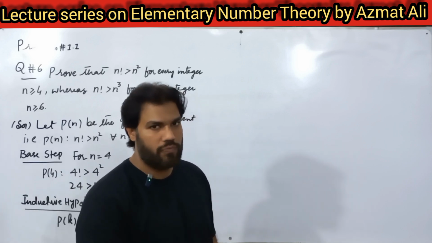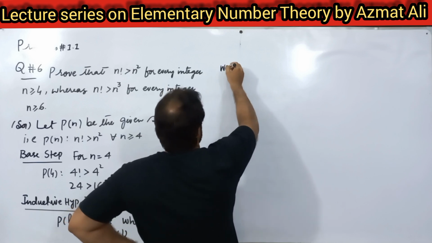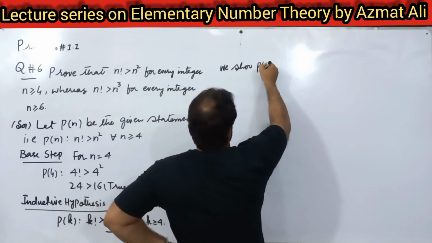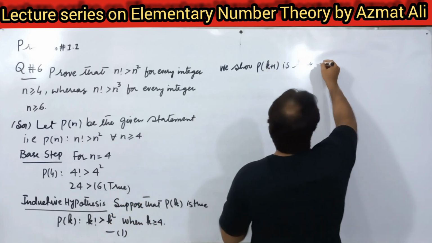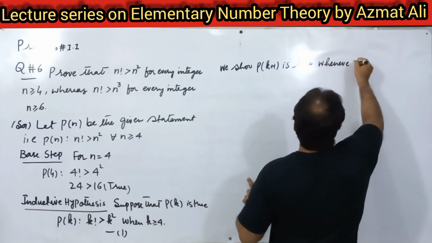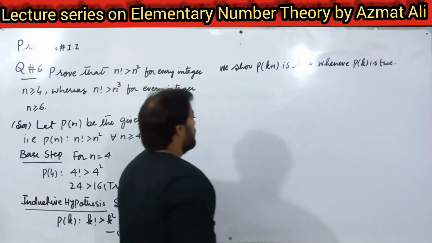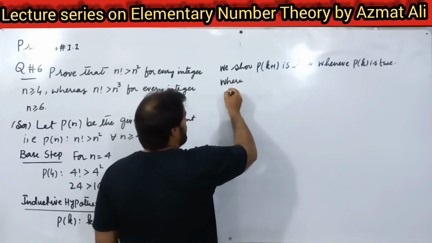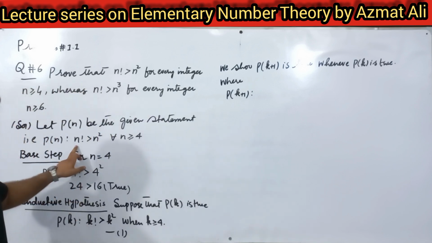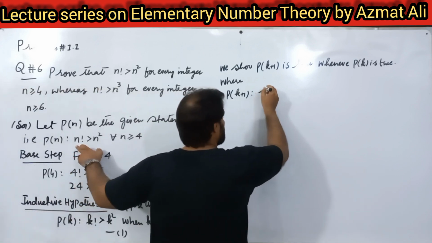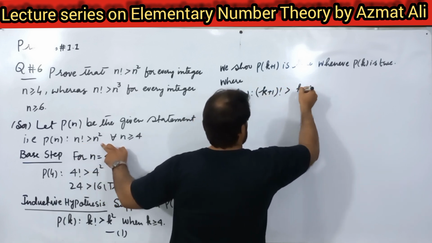Next, we show that the statement is also true for n is equal to k plus 1. We show the statement for n is equal to k plus 1 is true whenever Pk is true, where the statement for n is equal to k plus 1 is given by, if we put here n is equal to k plus 1, we have k plus 1 factorial greater than k plus 1 square.